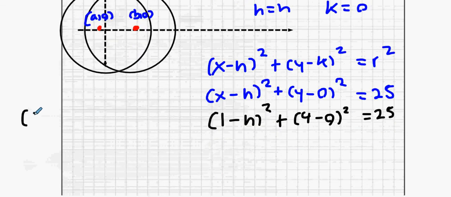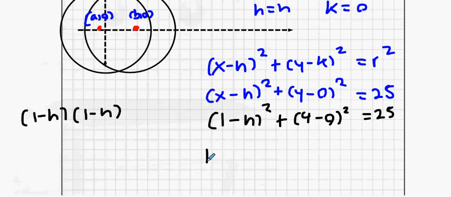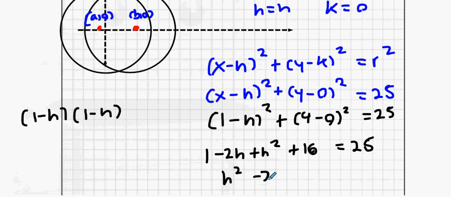We're going to get (1 minus h) multiplied by (1 minus h). When you multiply that out, you get 1 minus 2h plus h squared. 4 squared is 16. That equals 25. Going to move everything over to one side, we get h squared minus 2h, then 17 take away 25, which is minus 8.